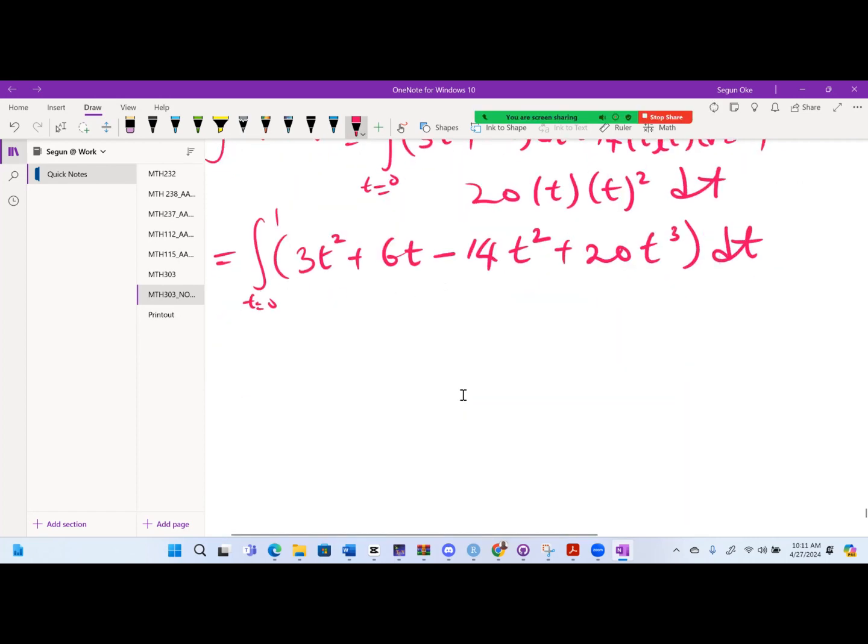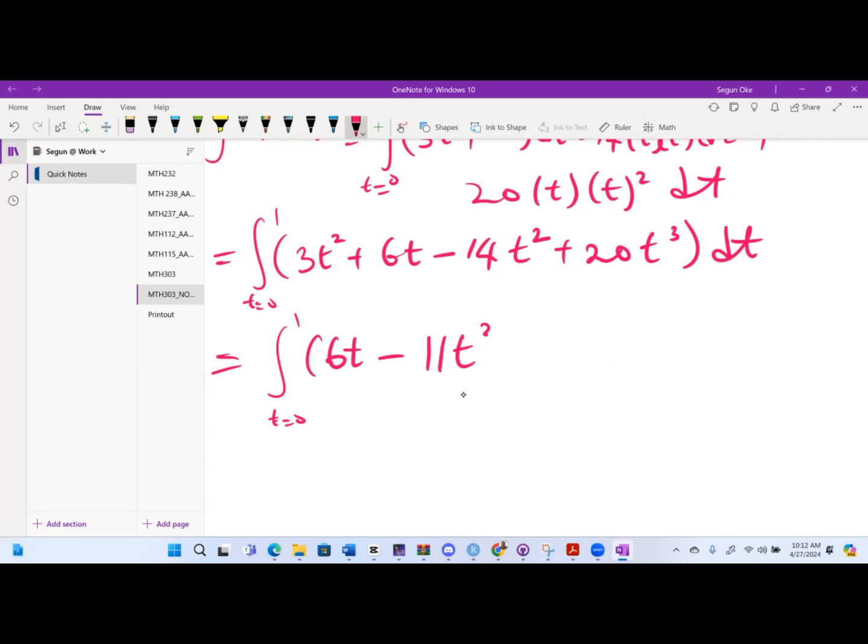So we can harmonize it. All the t squared can match together. So we now have the integral of t from 0 to 1. When they give you this question, take your time. It will surely come. So this will be 6t, this and this is minus 11t squared, plus 20t cubed.